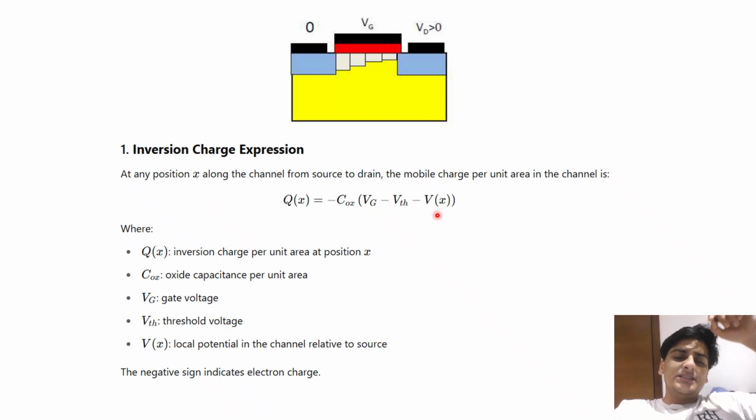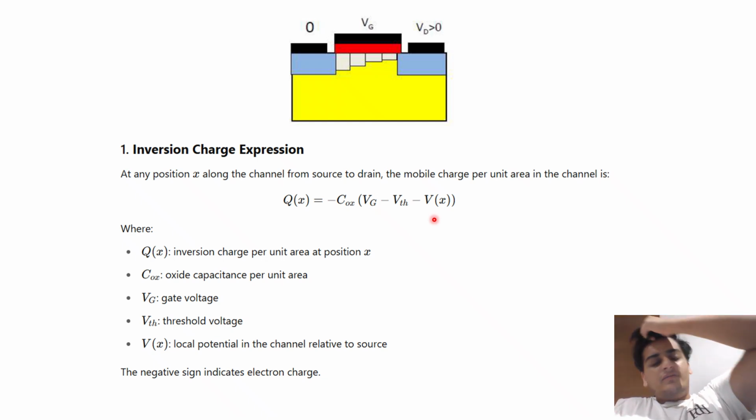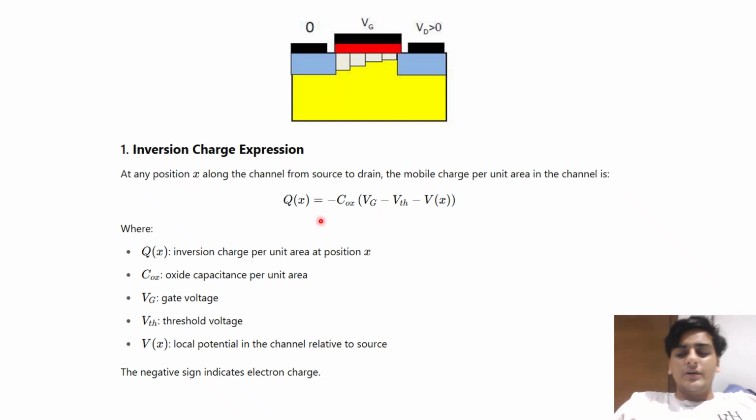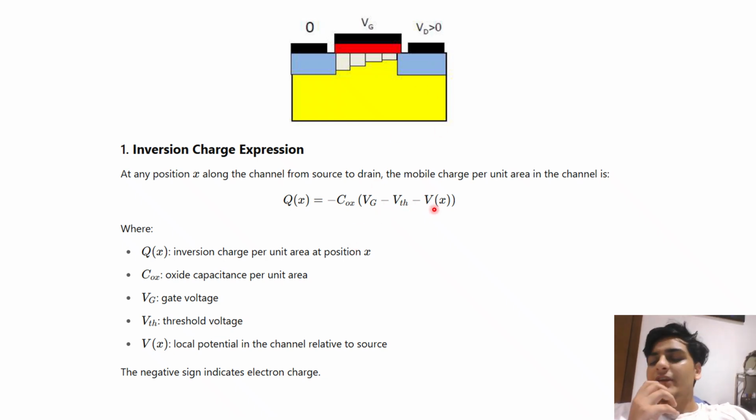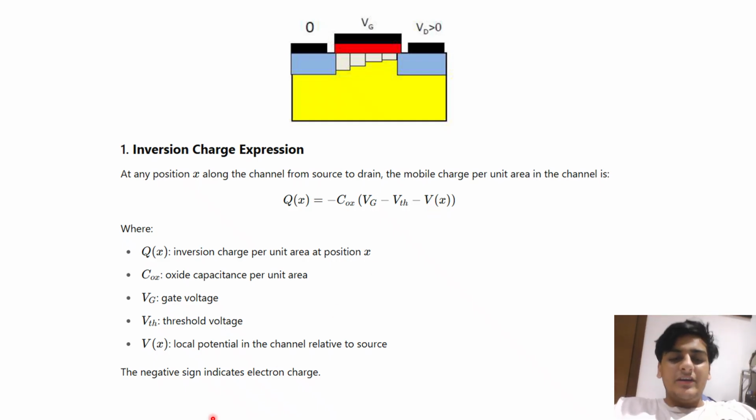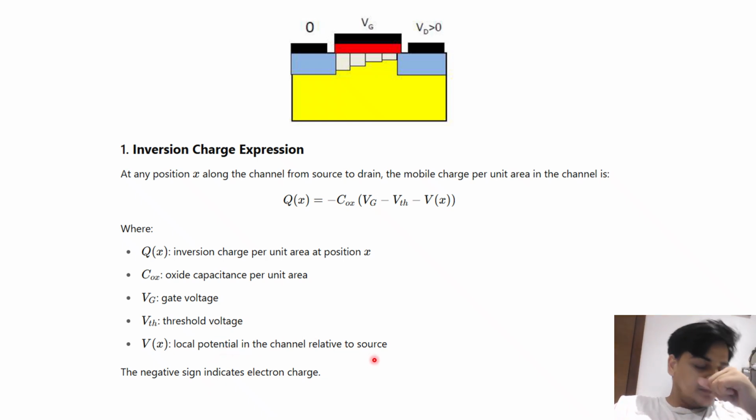But if you notice in this expression, firstly, this is a per unit area expression. So this is charge per unit area, this is capacitance per unit area, just to be noted. Also, we are subtracting from the net voltage some term V(x), which we are calling the local potential in the channel relative to the source.